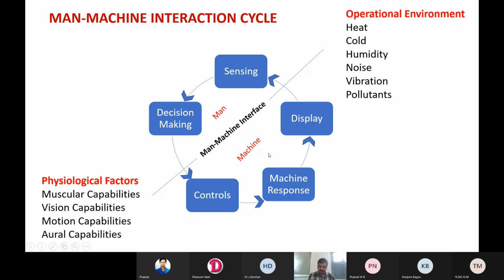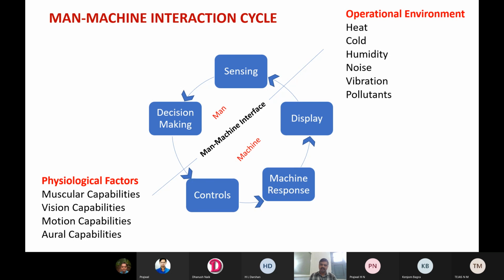Okay, so we are using many devices and instruments where we are communicating with the machine. If you consider a motorbike or car, any machine, even a CNC machine or lathe, we are interacting with the machine. Man is interacting with machine.